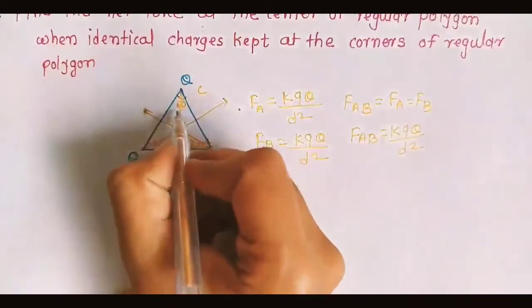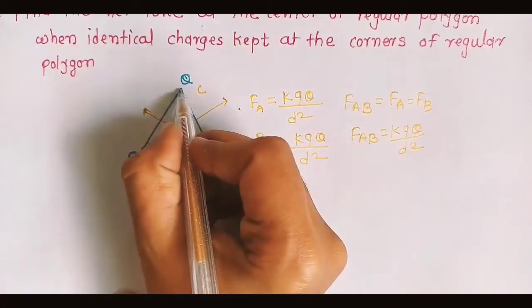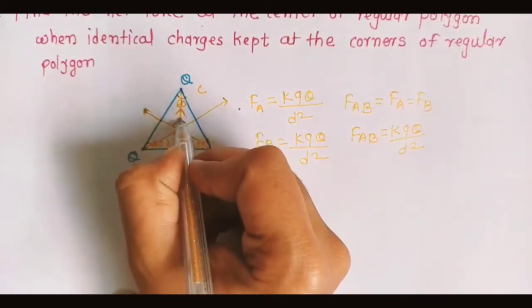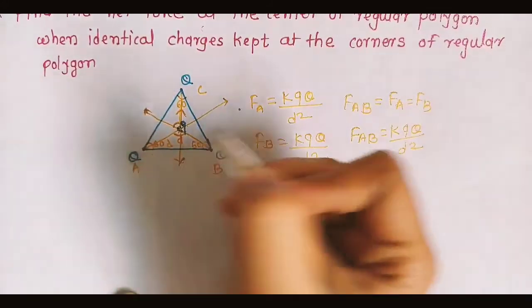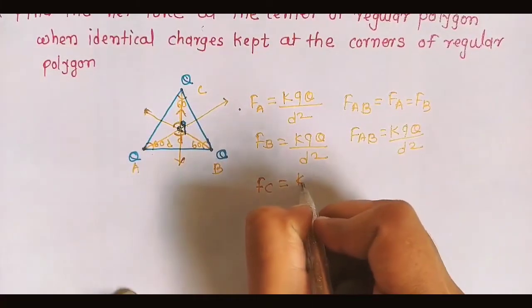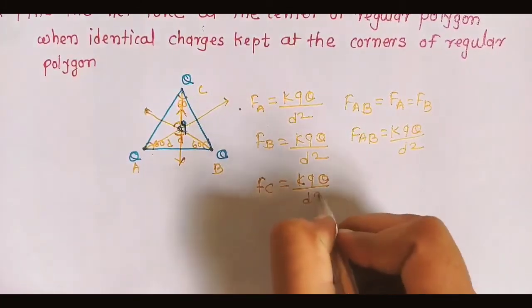And the direction of this force is in this direction, and the force on the charge Q due to this charge is in this direction, and the magnitude of this force Fc is equal to KQQ upon D square.